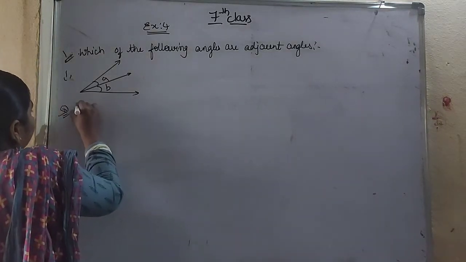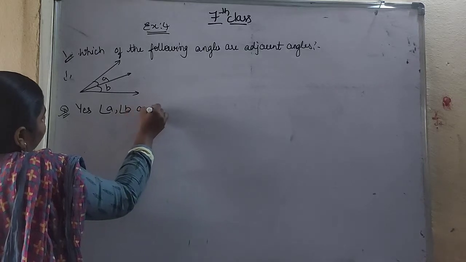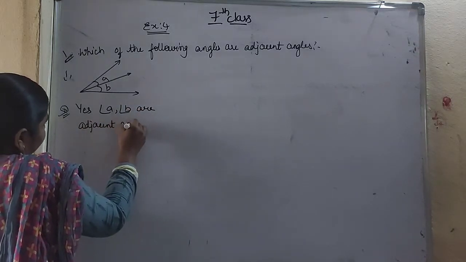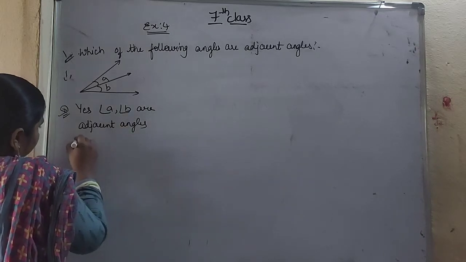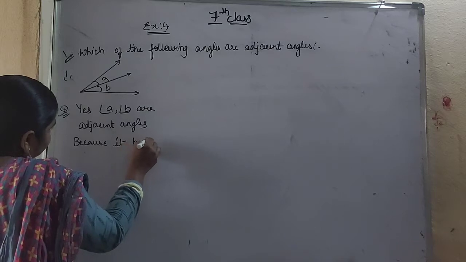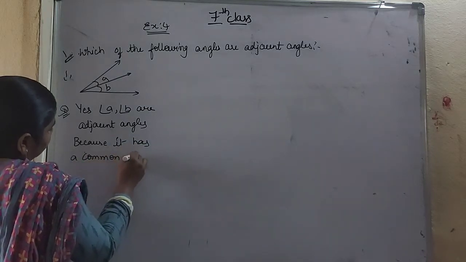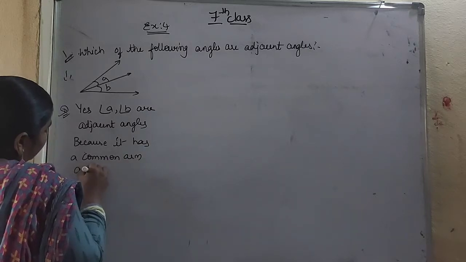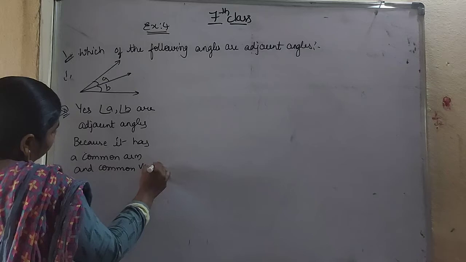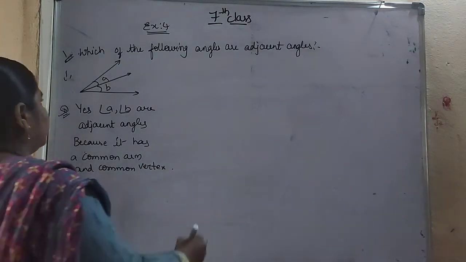So here, yes, angle A and angle B are adjacent angles because they have a common arm and common vertex. So this is our first solution.